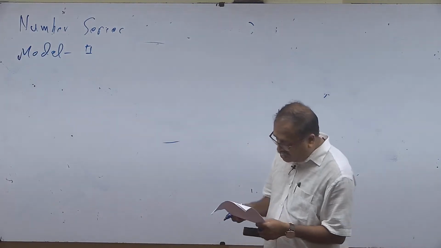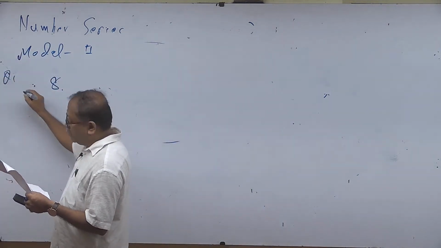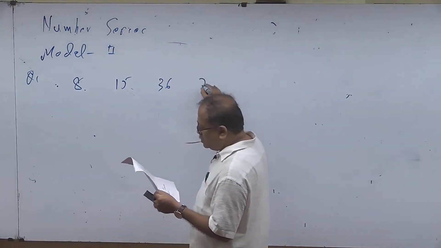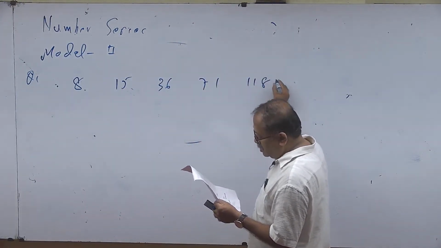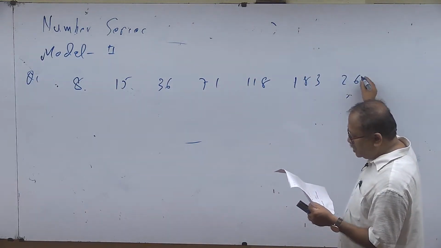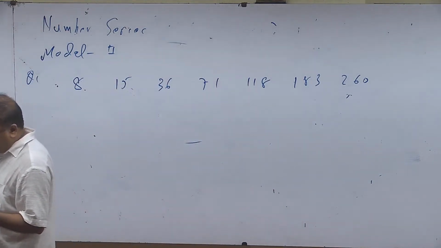For example, I will give a very basic question on this, question 1. That is 8, followed by 15, then 36, then 71, then 118, then 183 and 260. What is your job over here?